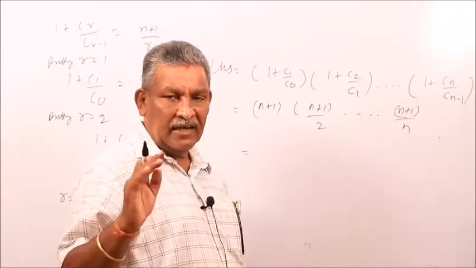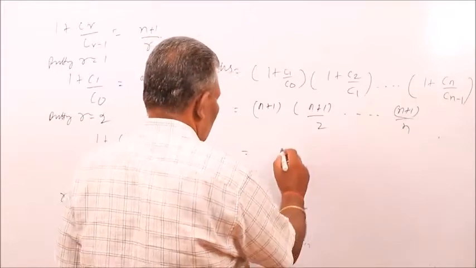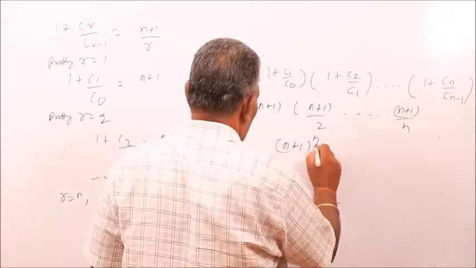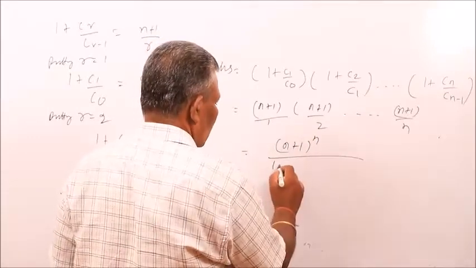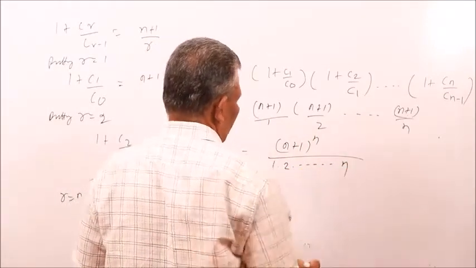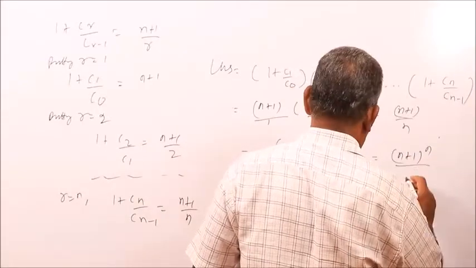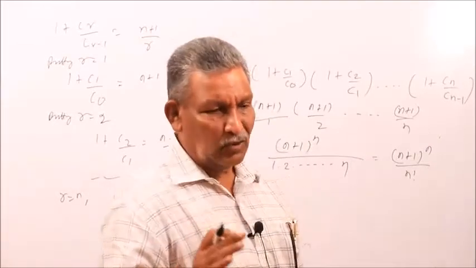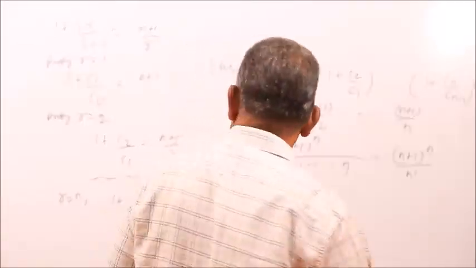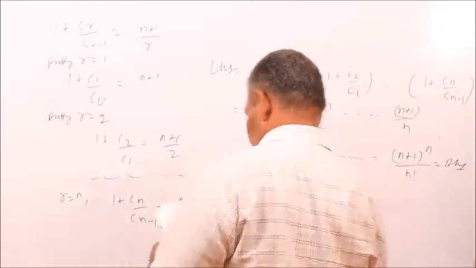In the LHS there are n terms. In each term the numerator is n plus 1. So n plus 1 whole to the power n divided by, we can write n plus 1 by 1 also, there will be no harm, 1, 2 up to n, that is n plus 1 whole to the power n divided by n factorial. I have already told that n factorial is the product of the first n natural numbers. So which is our RHS.